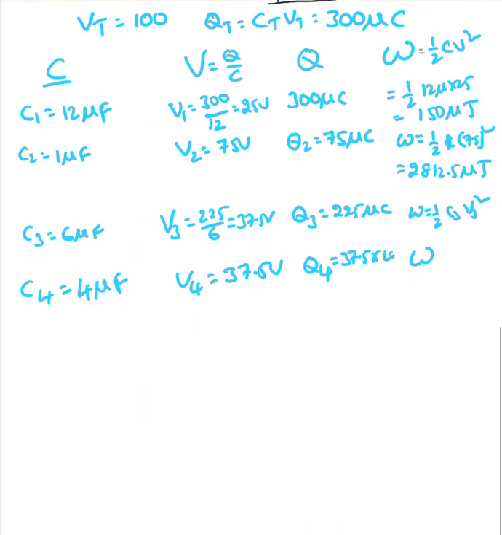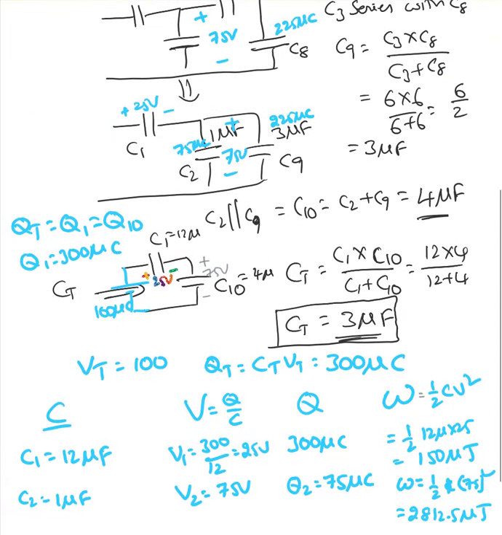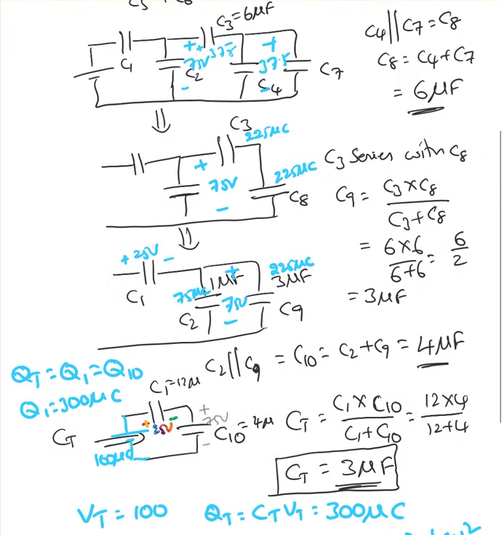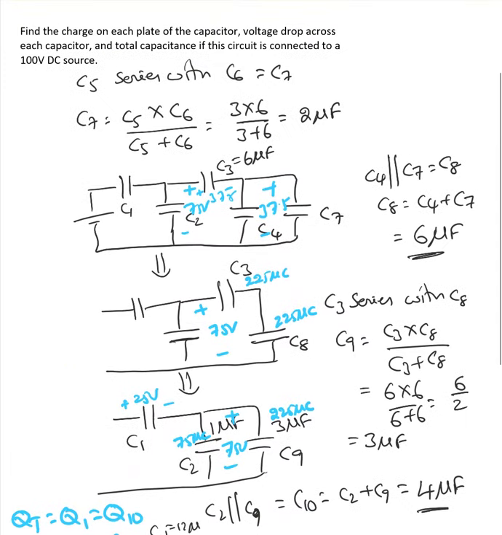So 37.5 times 4 is 150 microcoulombs. So here this must be 150 microcoulombs of charge out of 225.